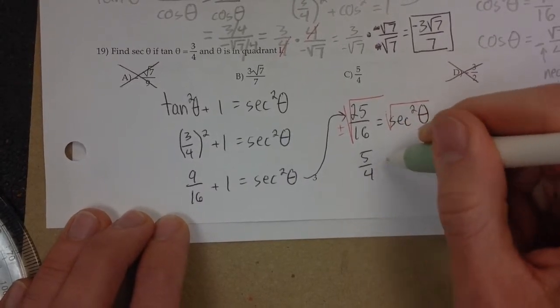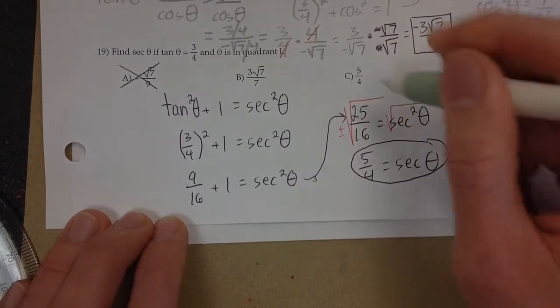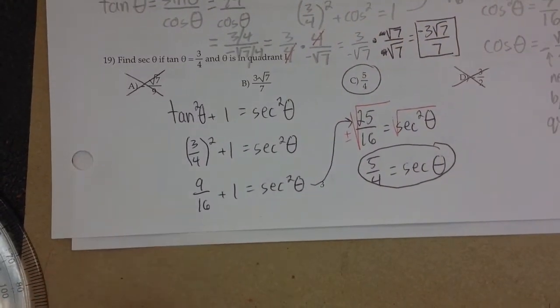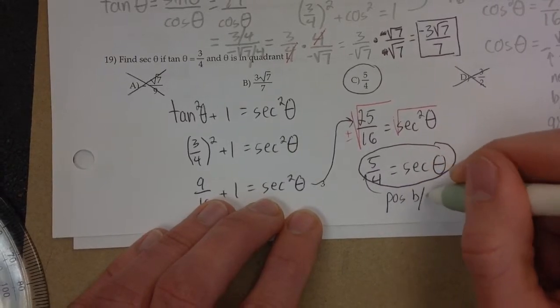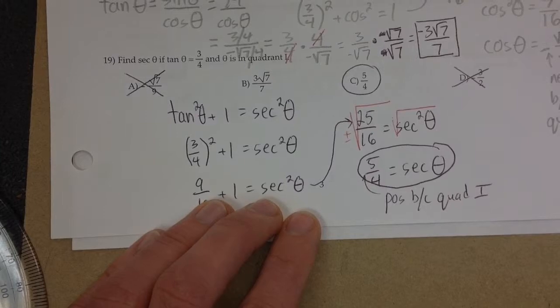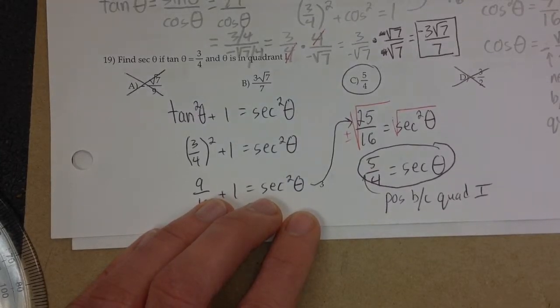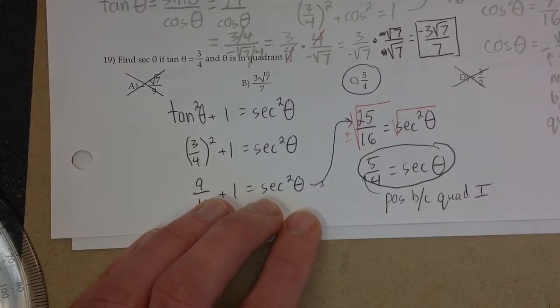Five over 4 equals secant. It's got to be positive. And done. Any questions on 19? So notice, you're just using these formulas and your knowledge of when the trig functions are positive and negative. And you need to have algebra skills.